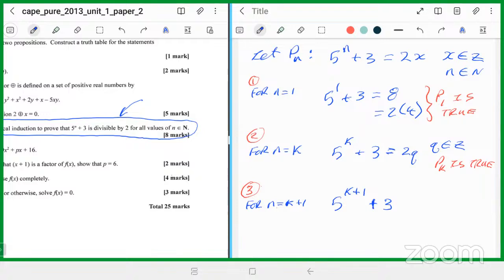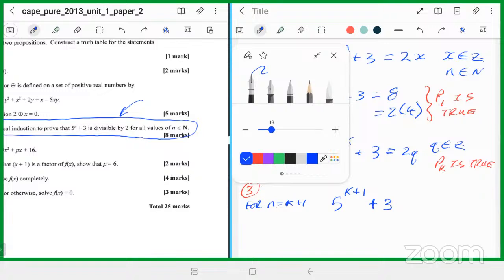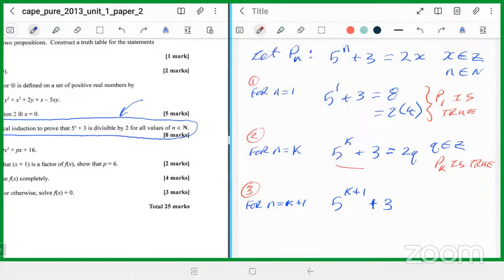So what you normally do, when you write this expression, you work on this expression, trying to extract, for example, 5 to the k from that one. Now, a hint I would give for this question is to take this and make 5 to the k the subject, so I can substitute it in there.